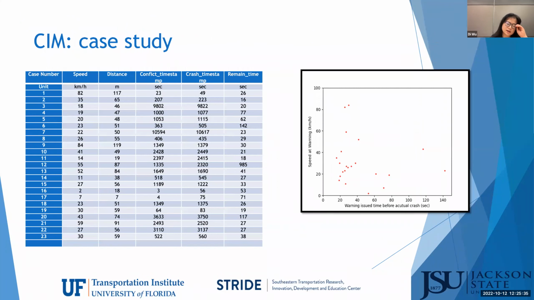And for the case study for the CIM, we used a total of 23 crashes, in which the drivers were reported under abnormal driving status, such as DUI, driving under the influence, texting on the phone, or being too tired from long driving.